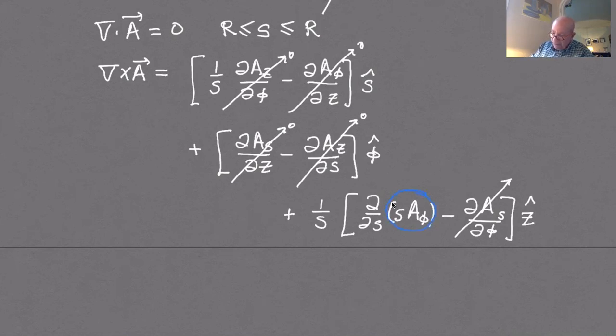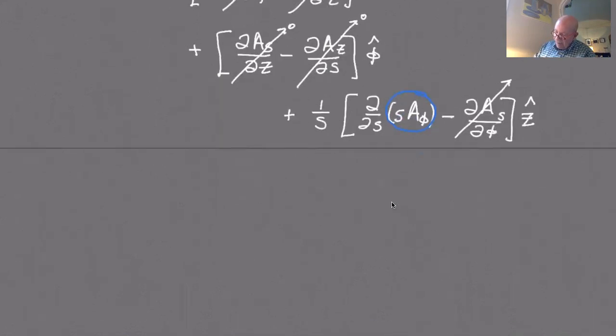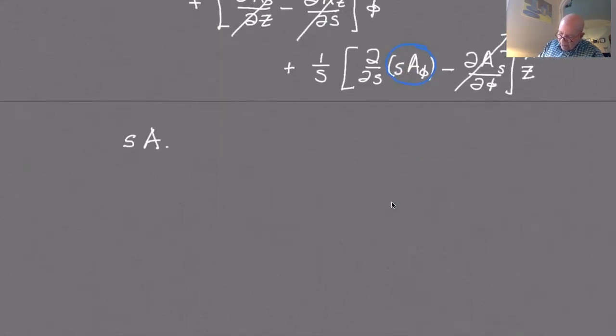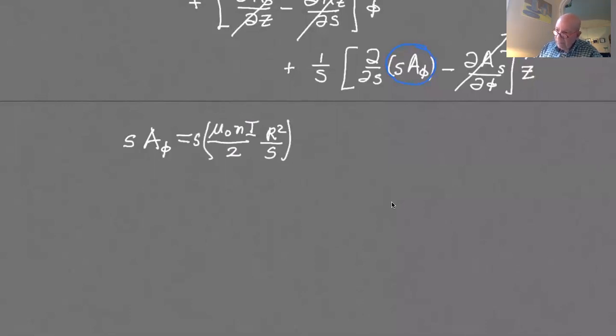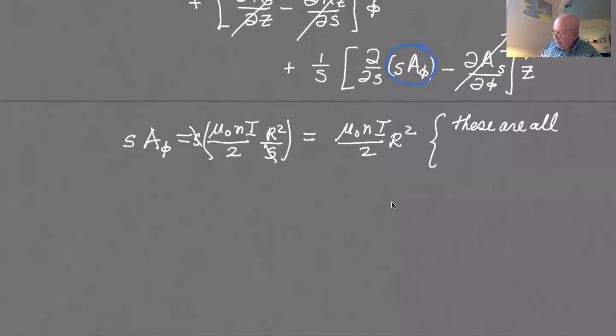All right. So if we go back and look at S times A_phi, which you know is going to be mu naught n I over 2 times r squared over S times S. The S's cancel, and this gives us mu naught n I over 2 times r squared, and these are all constants.